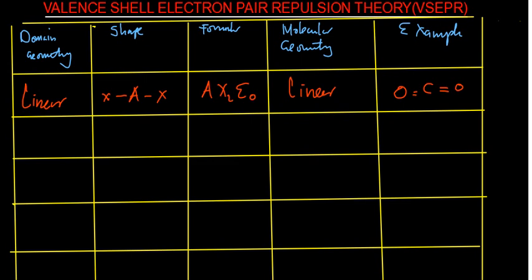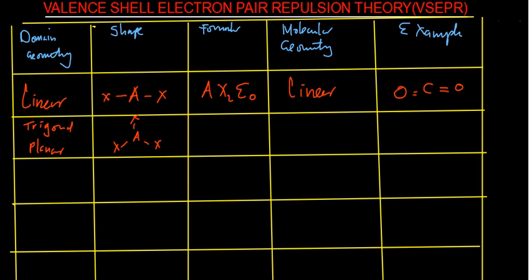Okay. We can also talk about a domain geometry which is trigonal planar. This is where you've got an atom like that and bonded to 3 other atoms in that way.